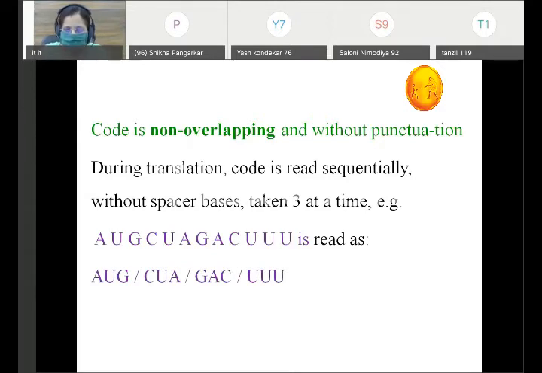The 3 bases are taken at one time. Here AUG, CUA, GAC, UUU. You have to take 3 bases at a time, and these 3 bases constitute a codon. So this is non-overlapping and without any punctuation mark. There is no gap between the nitrogen bases.